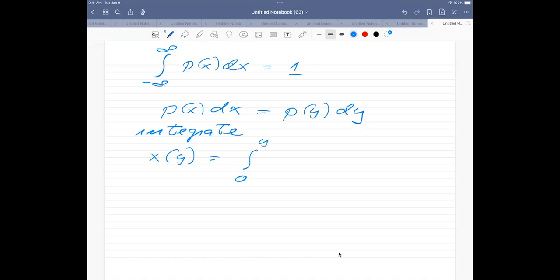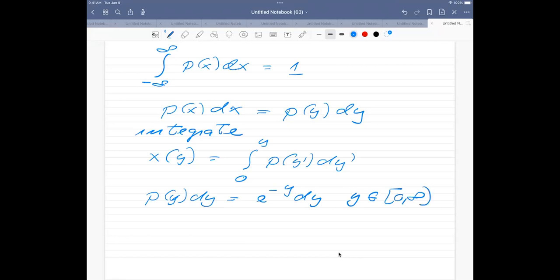Then I have y, and then I have my p(y) dy. So a typical example, you could now assume that x is the uniform distribution, and p(y) dy is e to the minus y dy. And then y goes from 0 to infinity.